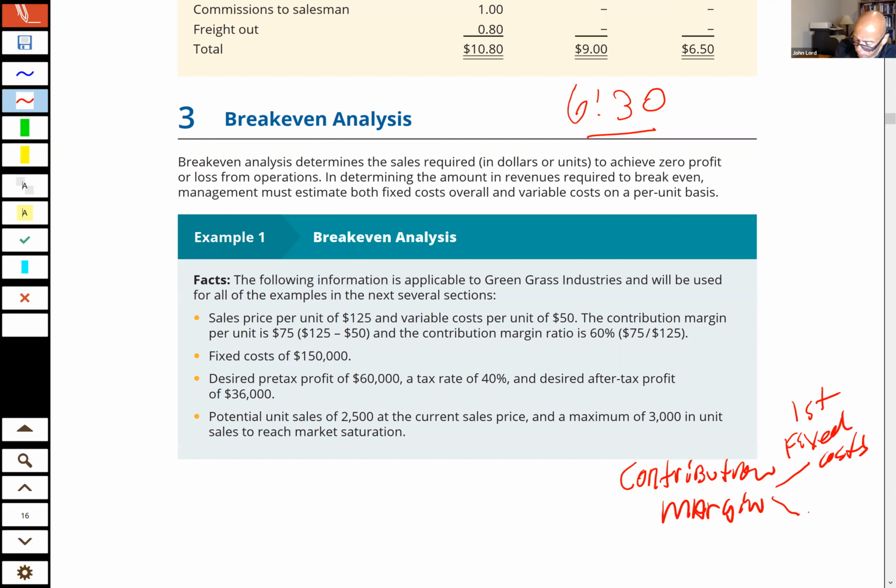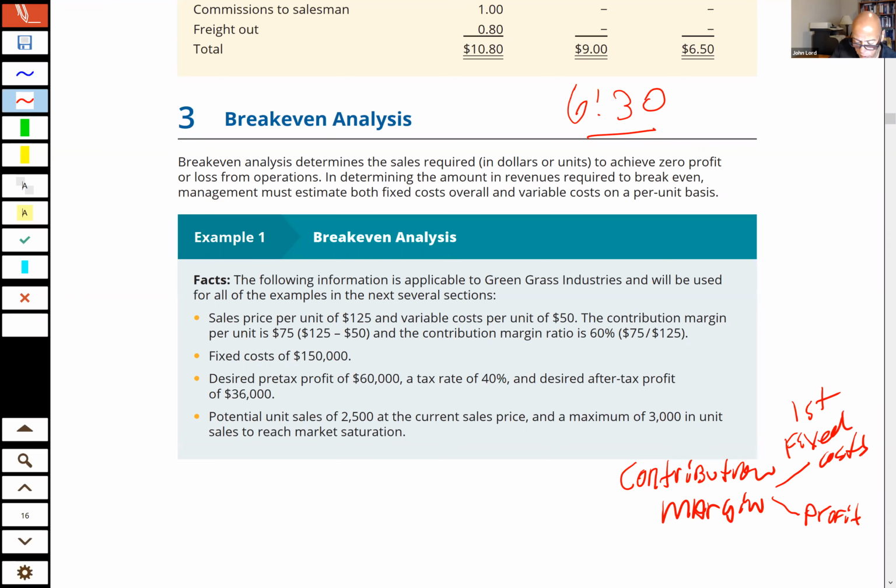Then anything that's left over in contribution margin after we have covered our fixed cost will go to profit. We'll talk about target profit after we talk about break-even, but to break even, we have to at least cover our fixed costs.